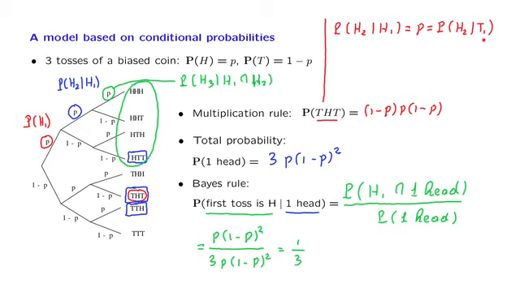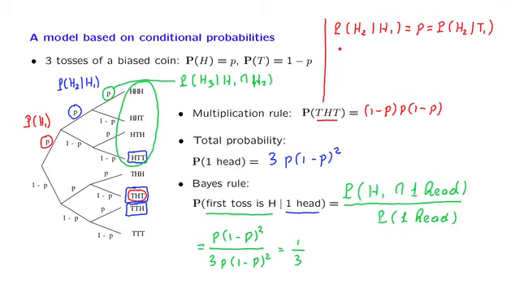In other words, our beliefs about what may happen in the second toss remain the same. There's a probability p of obtaining heads, no matter what happened in the first toss.